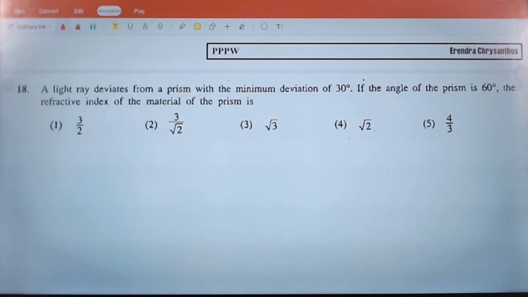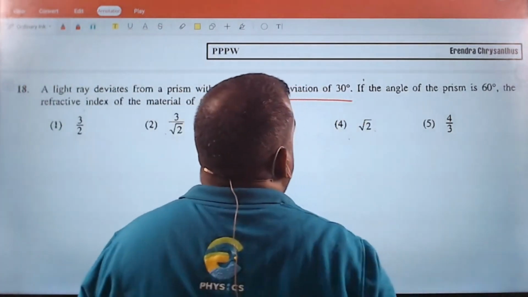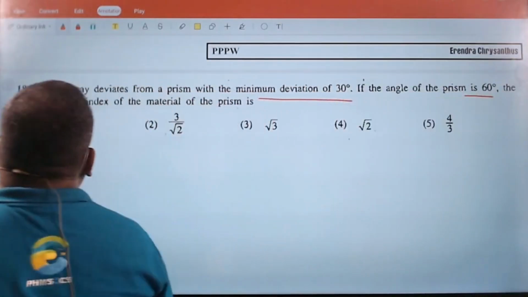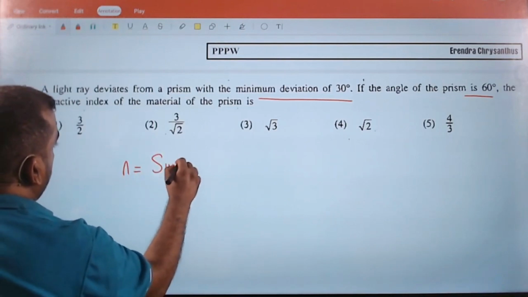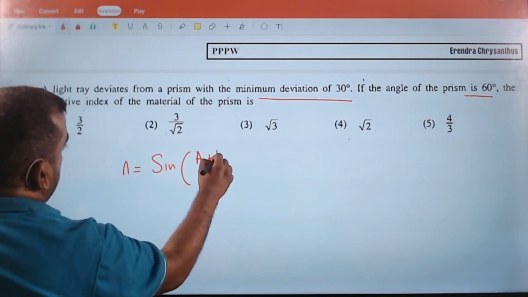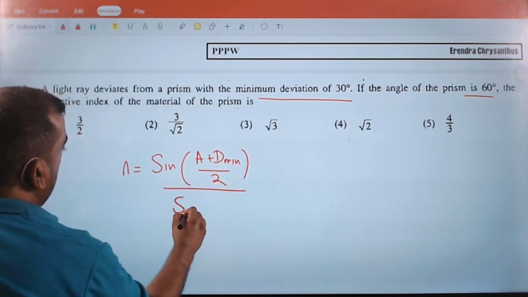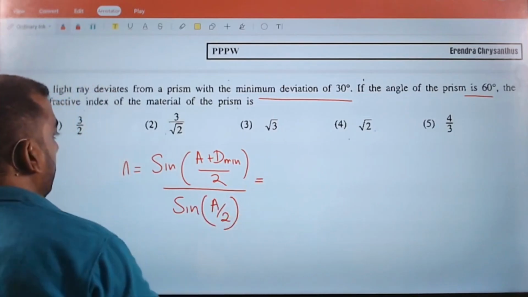MCQ number 18. A light ray deviates from a prism with minimum deviation 30. If the angle of the prism is 60, the refractive index of the material is n equals sine of (A plus delta minimum) divided by 2, over sine of A divided by 2.